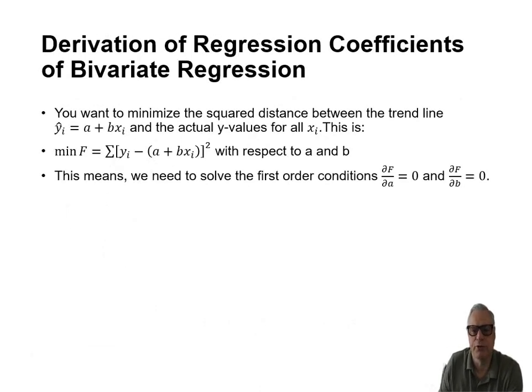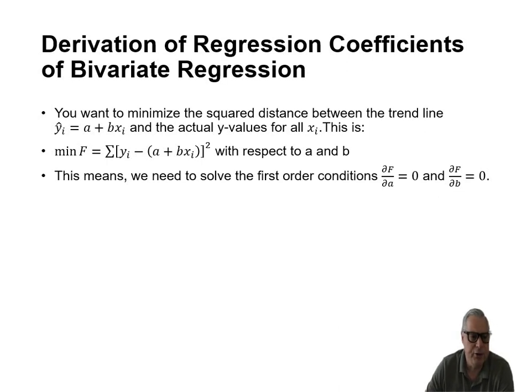The method of ordinary least squares starts by us wanting to minimize a function f, which you see here, where we have the actual dependent variable yi minus the trend line, which is a plus bxi, and this is what we try to minimize.